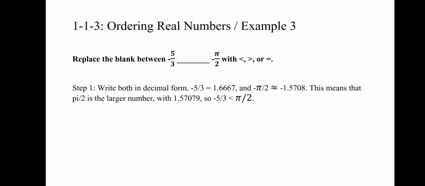So replace the blank between -5/3 and pi over 2 with less than, greater than, or equal to. So step 1, write both in decimal form. -5/3 equals -1.66, and pi divided by 2 is approximately equal to 1.5708.